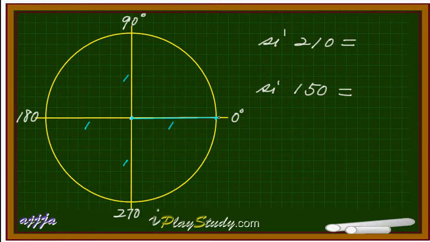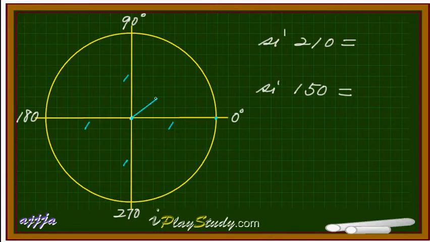Oh, 360 is the same as 0. So then 390, I told you, keep adding just like this. Actually, it's the same thing over and over.